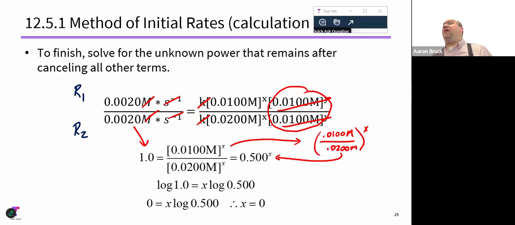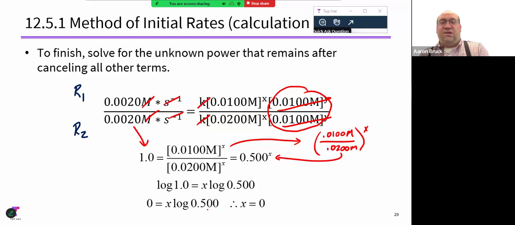Now we've got to apply an algebra 2 concept. How do you get rid of an exponent? Well, you've got to take the logarithm. Take the logarithm of both sides. And so log of 1 is 0. Taking the logarithm of this side, it becomes x times the log of 0.5.